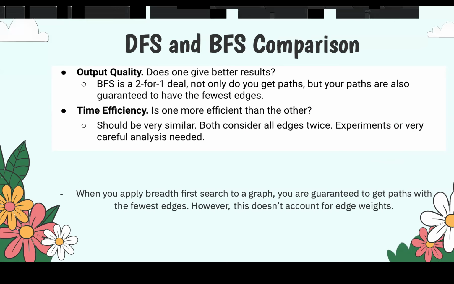So each edge is explored at most twice. Does one give better results? BFS is a 2-for-1 deal because you get the shortest paths. Because we're going from least distance to greatest distance, we always get the shortest paths with BFS. But in terms of time efficiency, both of them take the same amount of time, around V plus E. So that's your comparison.